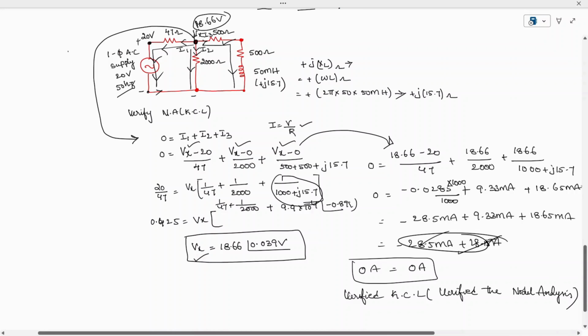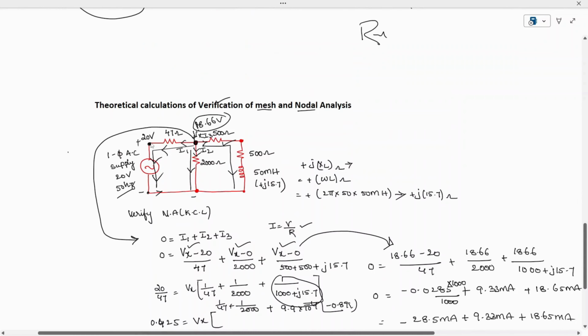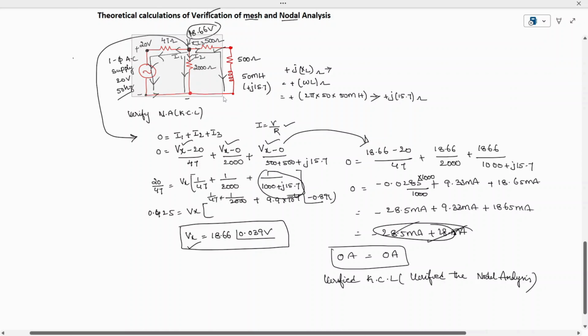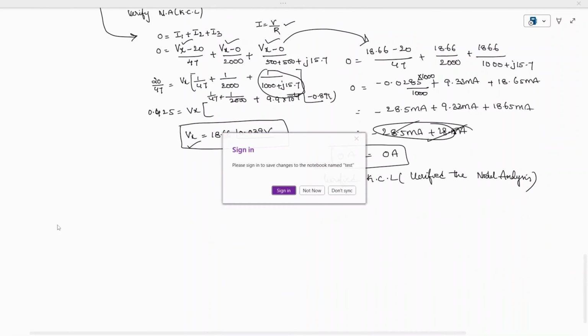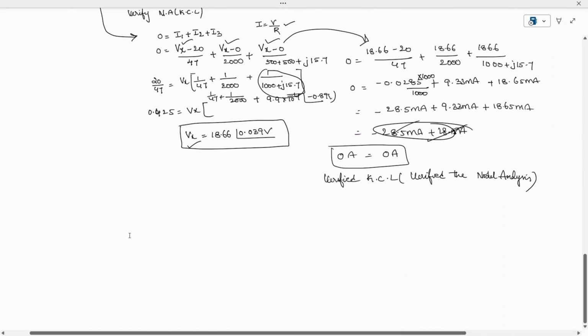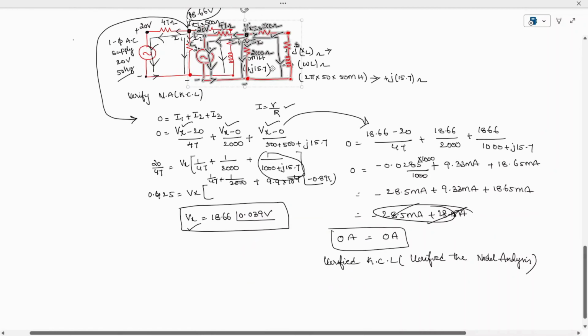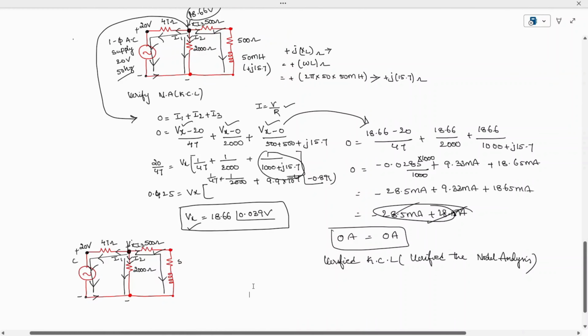Now, after verification of the nodal analysis, let us try to do the mesh analysis. Mesh is very simple. So just take the original circuit. Let us see how to apply it. So let us try to redraw it.